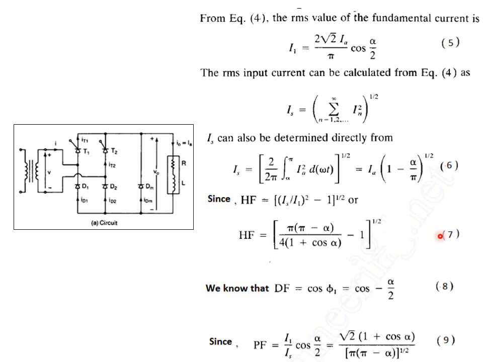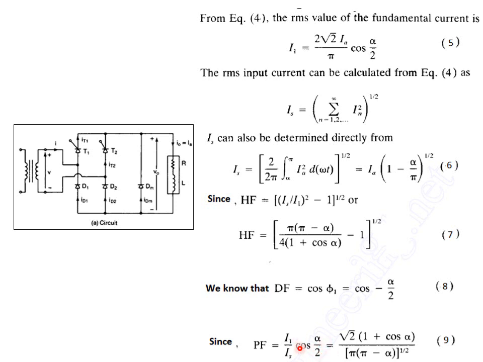Next is the distortion factor. We know distortion factor is cos phi 1, and in case of a semi-converter, phi 1 is nothing but half of the firing angle, so minus alpha by 2. Power factor is also I1 upon Is times cos of alpha by 2.